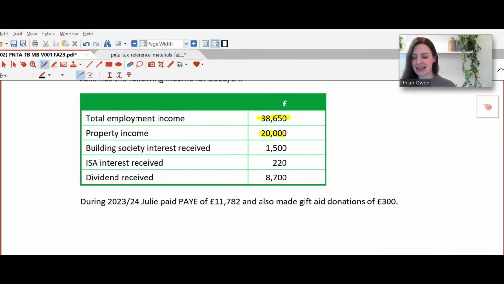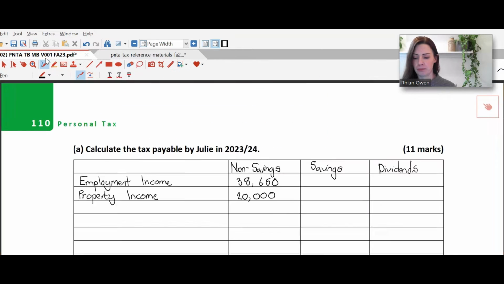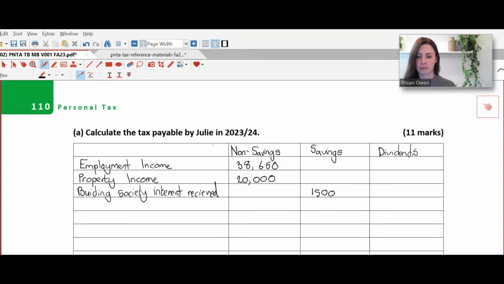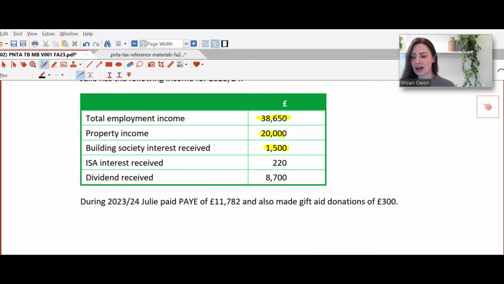Then we've got building society interest received, £1,500. We've got ISA interest received.